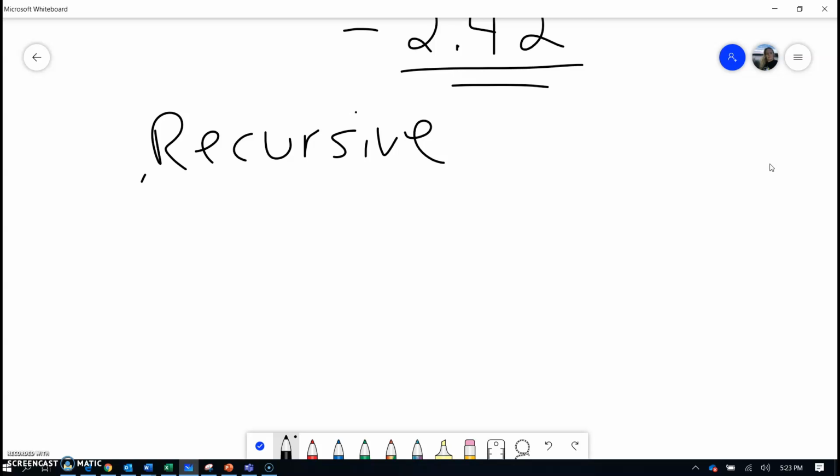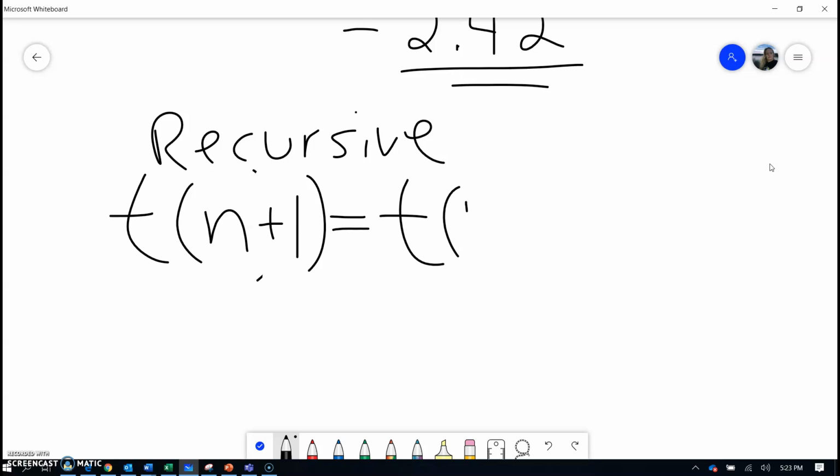So to find a recursive for a geometric, we always say t of n plus 1, the next number in the sequence, has to be equal to the current number in the sequence, and this time instead of adding a common difference, we're going to multiply by the common ratio.